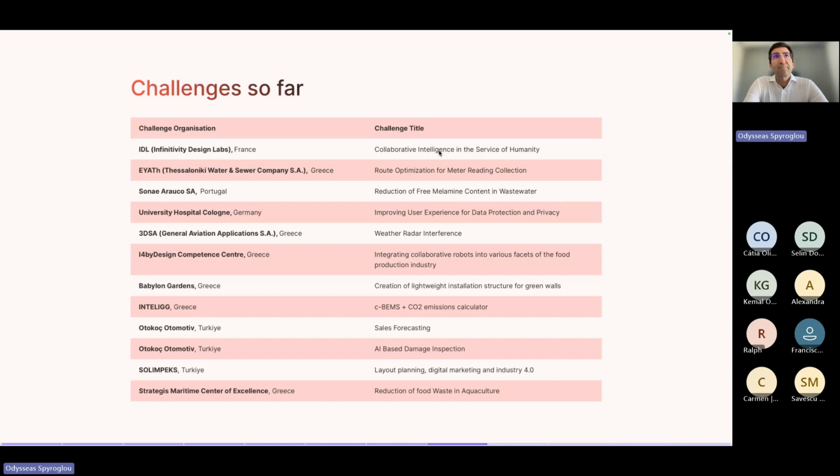We have challenges in manufacturing, like the reduction of free melamine content in wastewater. We have challenges from public organizations, from public institutions like the water company, and they're looking for a route optimization and meter reading solution. We have even a challenge in AI and AI-based damage inspection and sales forecasting.